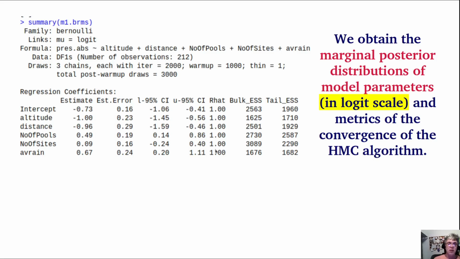They are all very close to 1, which suggests that the model has converged. The three chains have converged to a common posterior distribution for each of the parameters, and the very high effective sample sizes say that we have a very large number of statistically independent estimates.